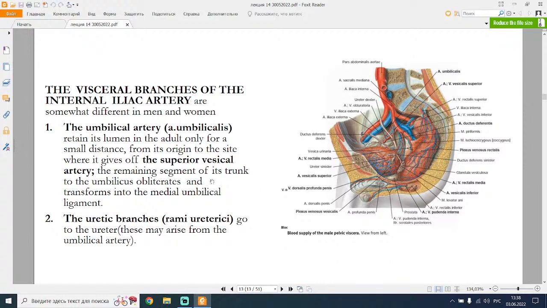The arteria umbilicalis, what you see, retains its lumen in the adult only for a small distance from its origin to the site where it gives off the superior vesical artery, arteria vesicalis superior.